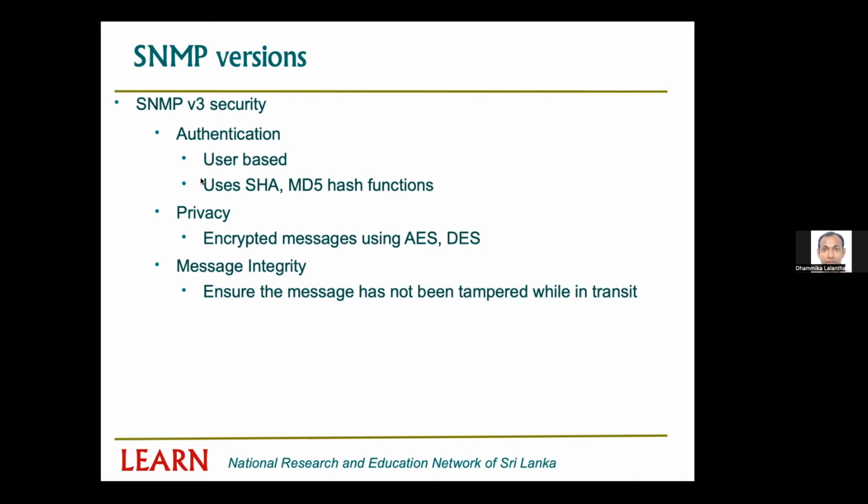And the third is message integrity. Integrity means that if someone sends some message, or some stored information, it will not be changed. It will go to the destination without change.